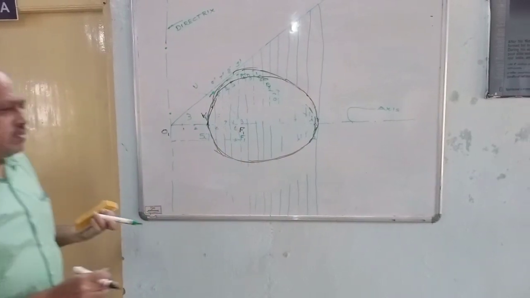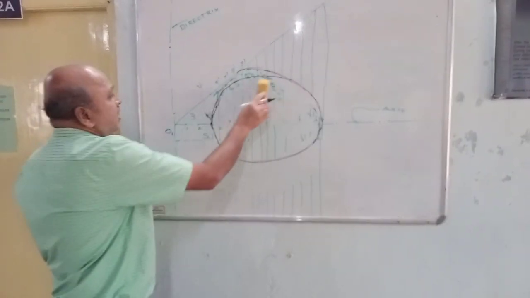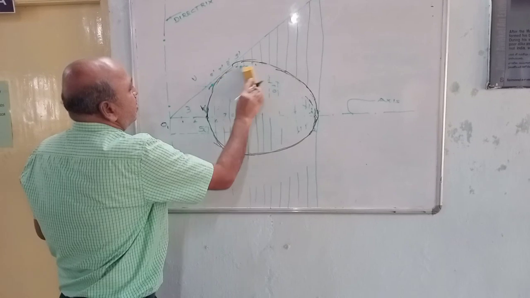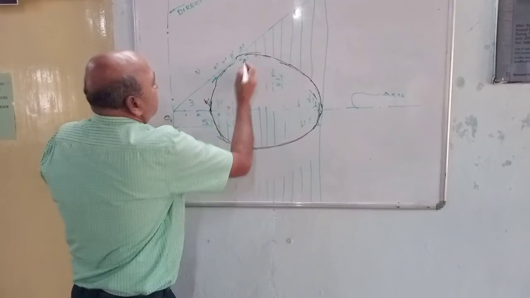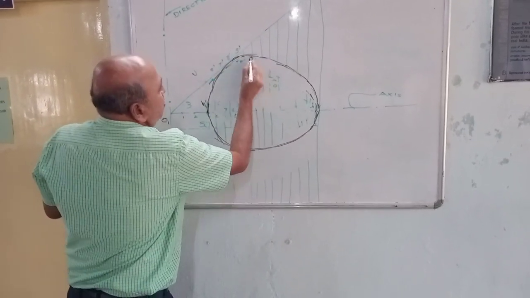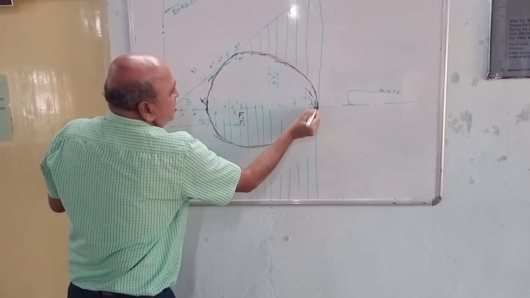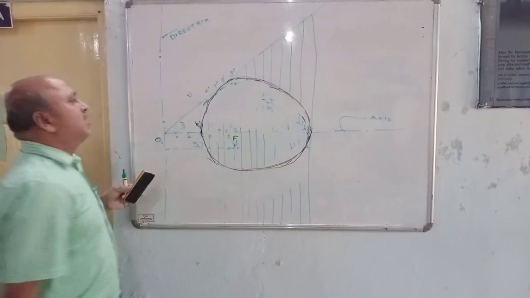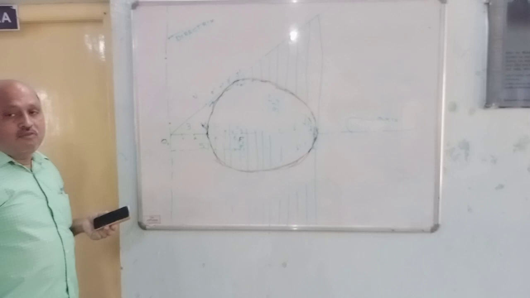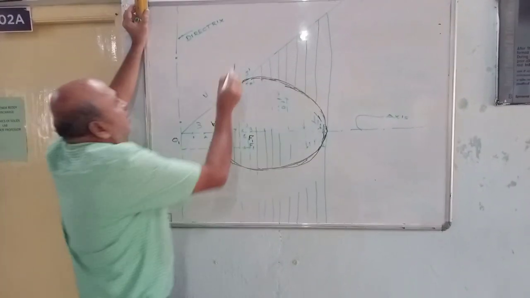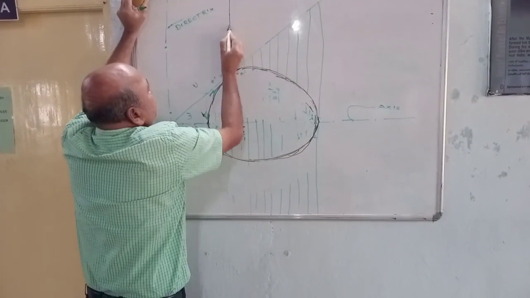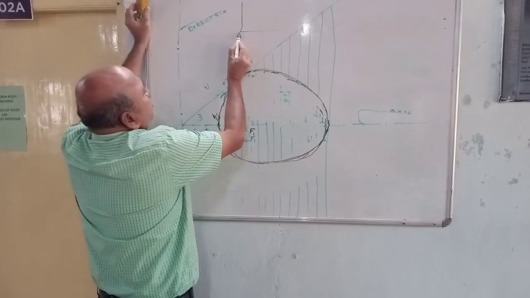Now, coming to the tangent and normal. This is the curve we are having. For this curve, in the question he is asking to draw the tangent and normal at a distance of 40 mm from the DIRECTRIX. We know we are having units on the scale like this. So just measure 40 mm.